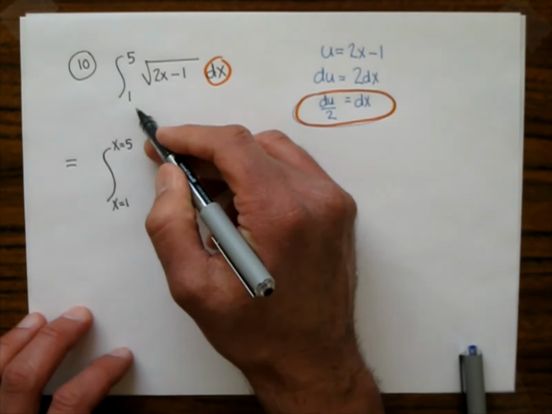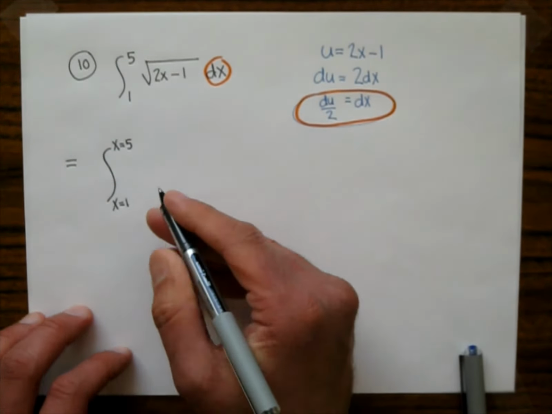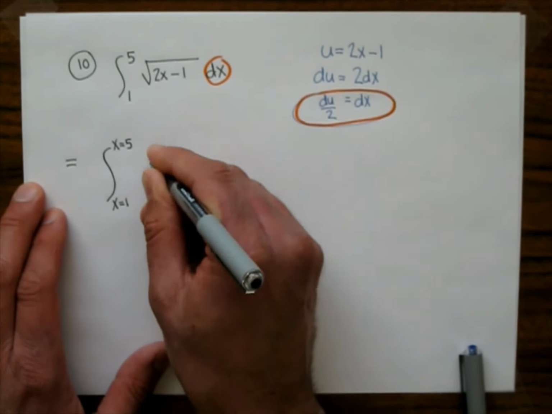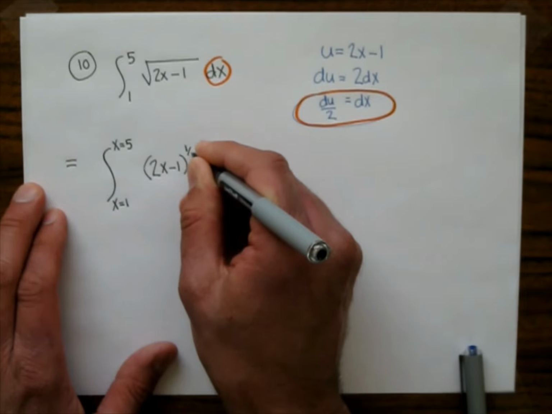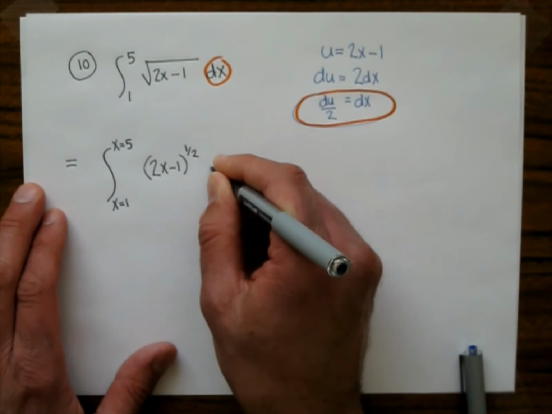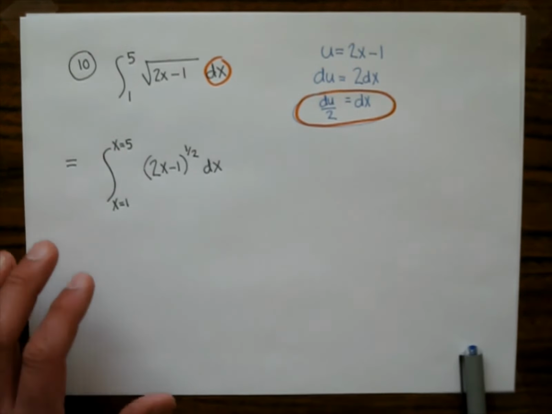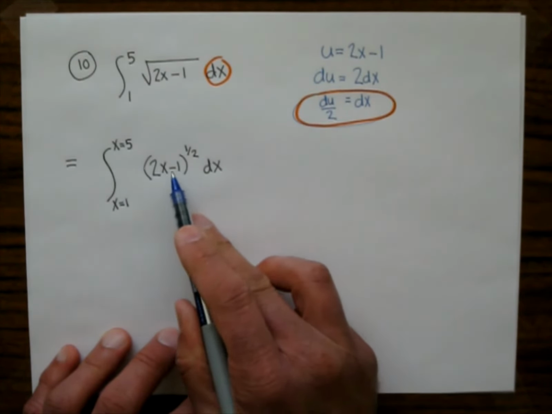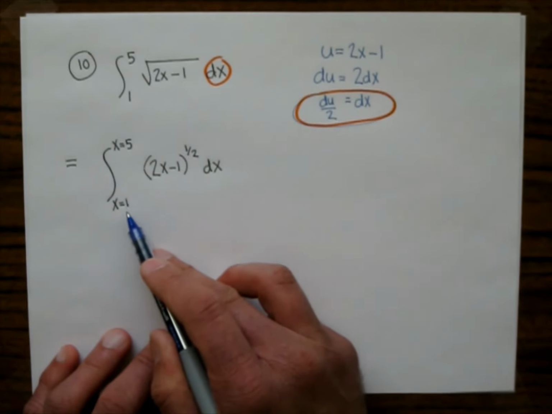This is legitimate shorthand, but that's really what it means. And so I'm reminding you of that so we can then do this problem here. I'll change the square root to the 1/2. And now, look what happens. When I change out my x's here, I should also change them out there.